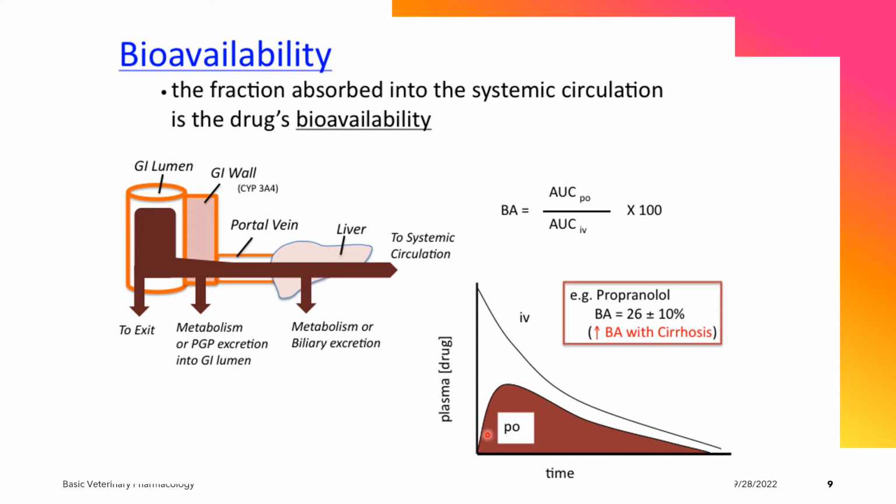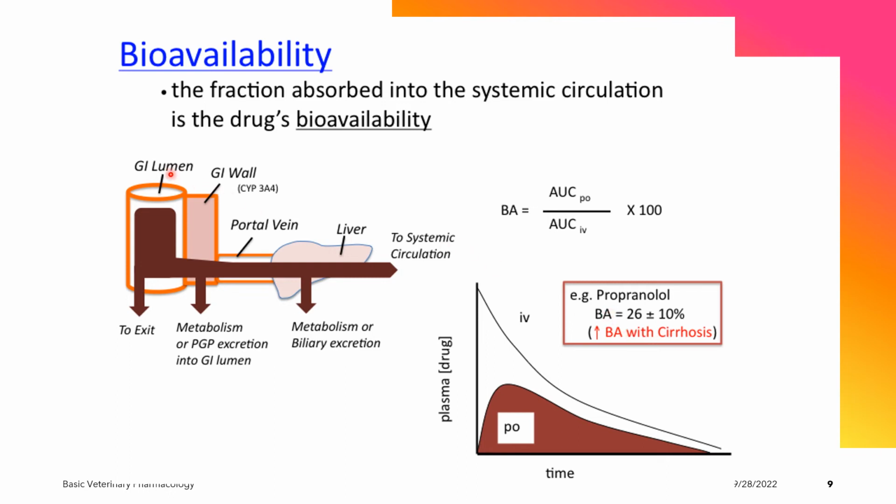On the other hand, this is the bioavailability of the drug that is administered orally or per os. Our example here is propranolol. It is said that the bioavailability of propranolol is about 26 plus minus 10%. As you can see here, the peak bioavailability of propranolol after oral administration is only about 26%. Again, this is because propranolol is a drug that undergoes a significant first-pass metabolism.